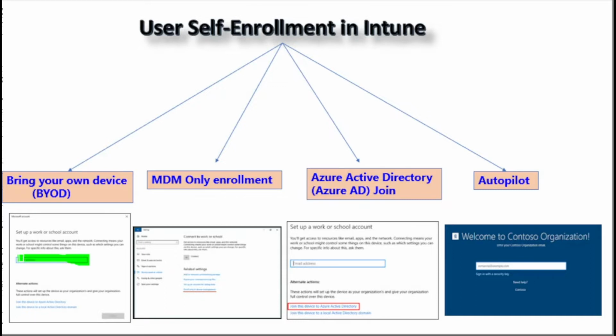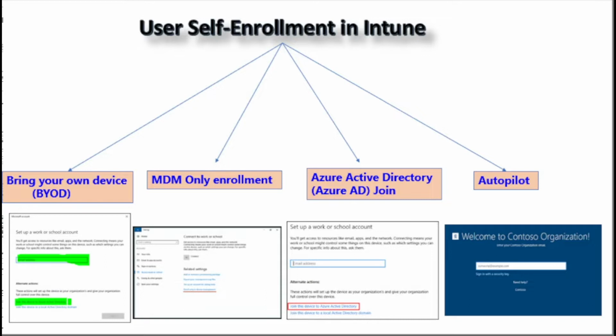And there is another option below, where they can join their device to Azure AD. If they select this option, the machine is going to join Azure AD. And if we already enabled automatic enrollment and the user is allowed to enroll their device in Intune, the machine automatically enrolls in Intune.